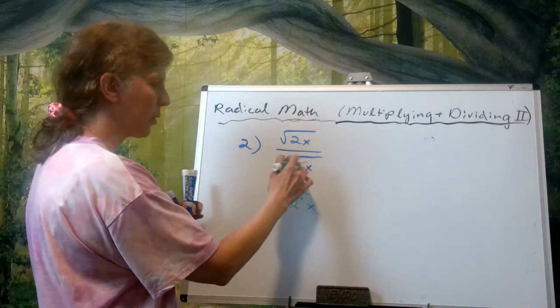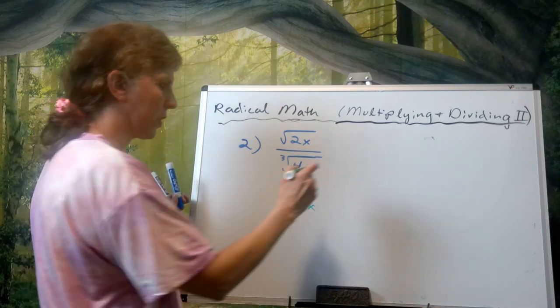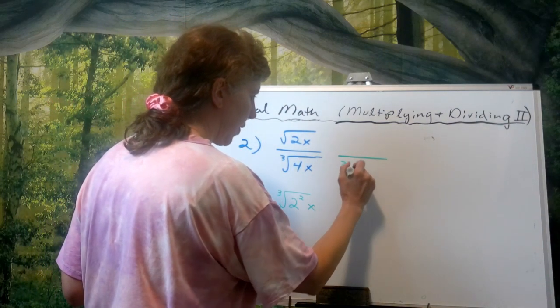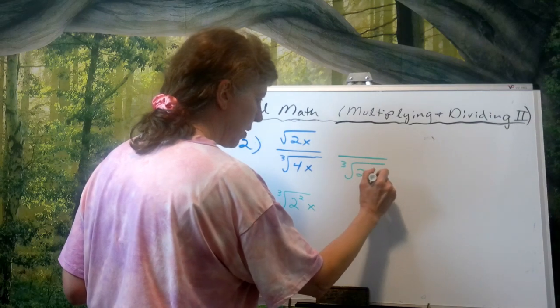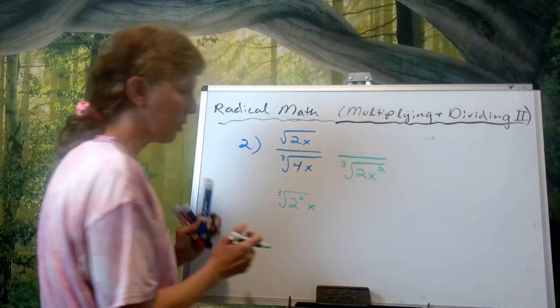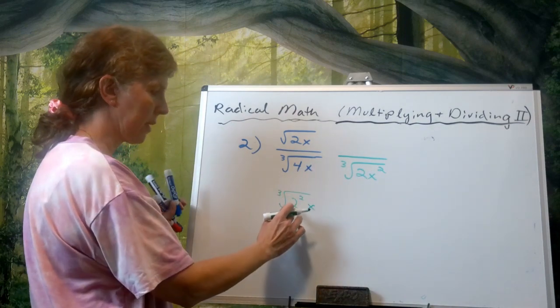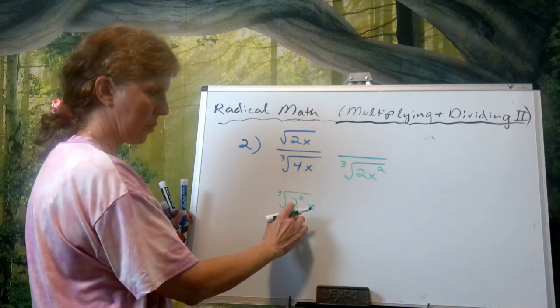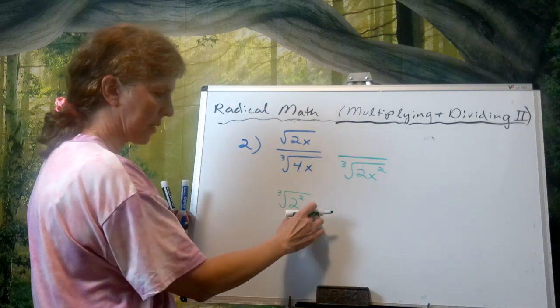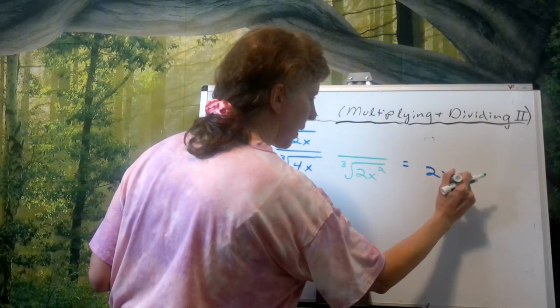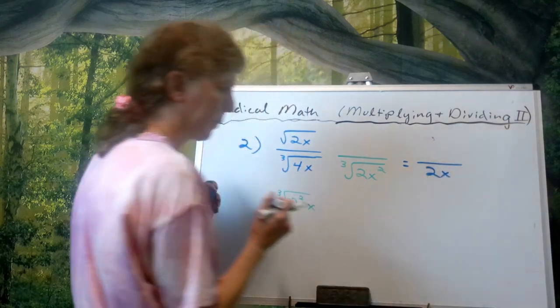That way, when I'm multiplying to get rid of my denominator, that is, when I'm giving it enough friends to break somebody out, I can multiply by the cube root of 2x squared, because now we'll have 3 2's and 3 x's, so that will get me my 2 and my x out of jail.